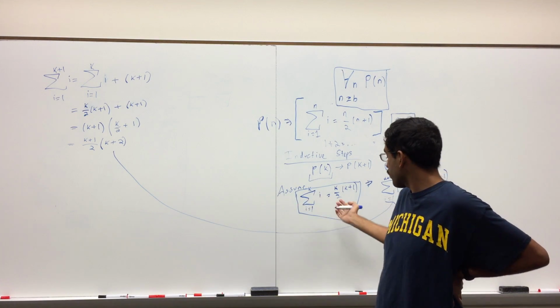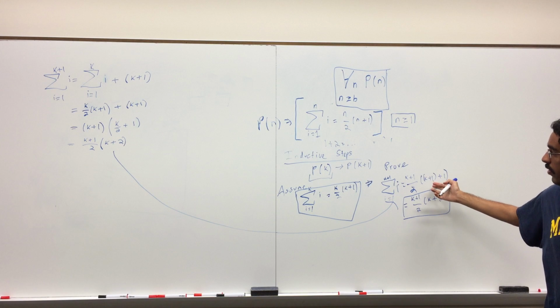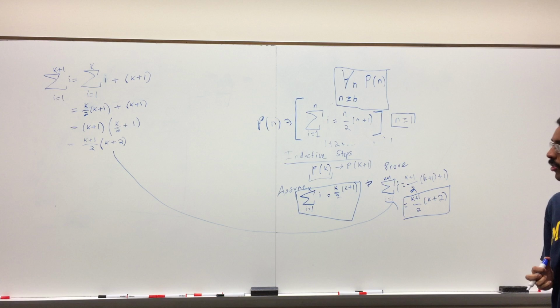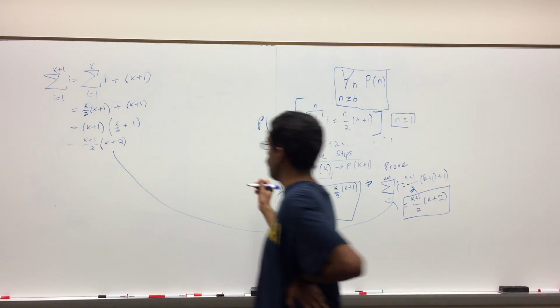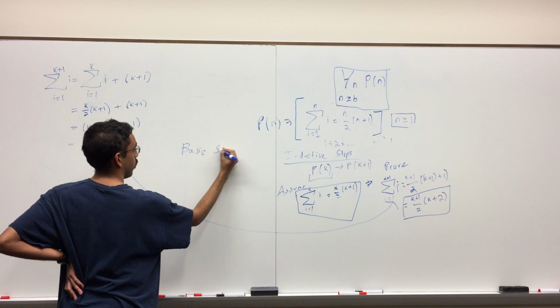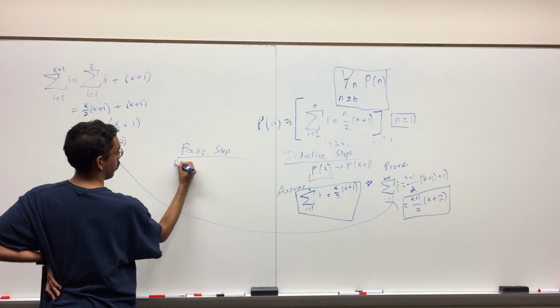We went from our inductive hypothesis, we assumed this was true, and then we proved that P of k plus 1 is true as well. I had erased it before because I was running out of space, but remember, we had a basis step where we proved that P of 1 was true.